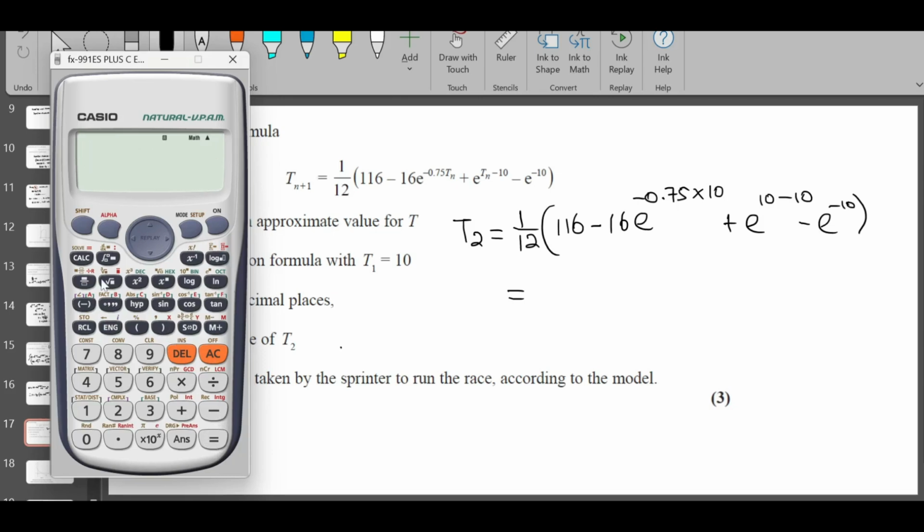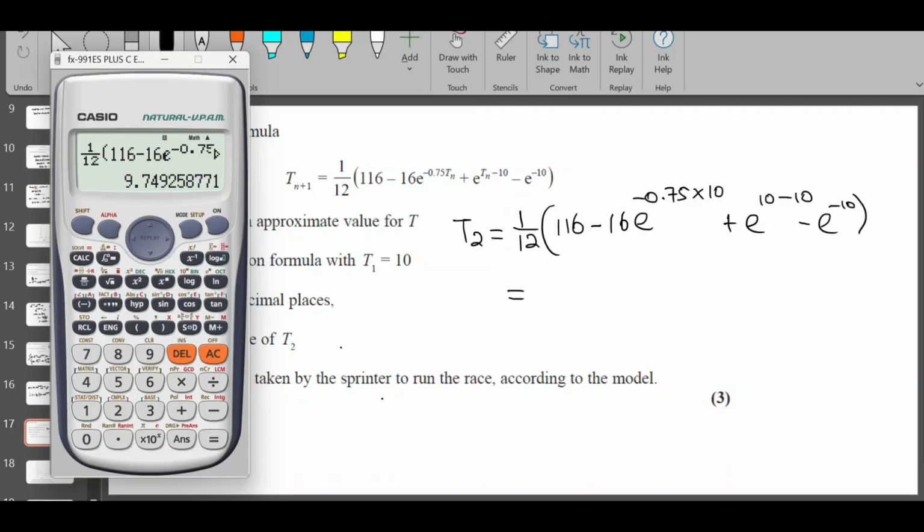So let's type everything in the calculator carefully. 1 over 12 times 116 minus 16 e to the power minus 0.75 times 10, plus e to the power 10 minus 10, minus e to the power minus 10, and close the bracket.